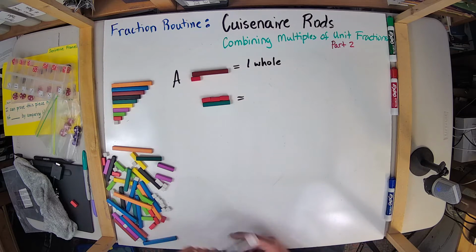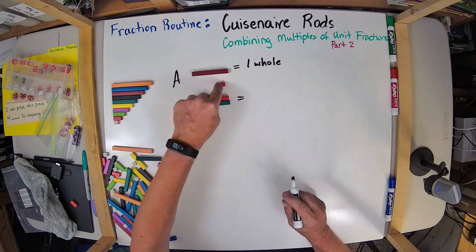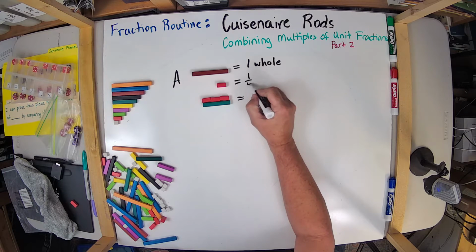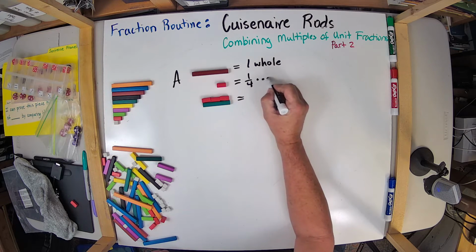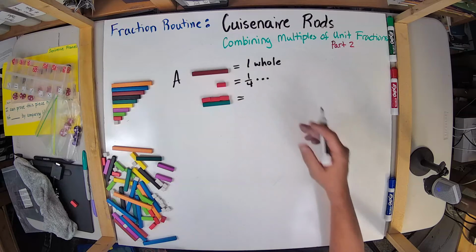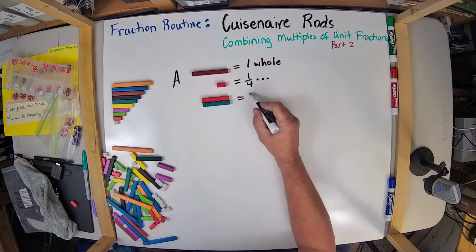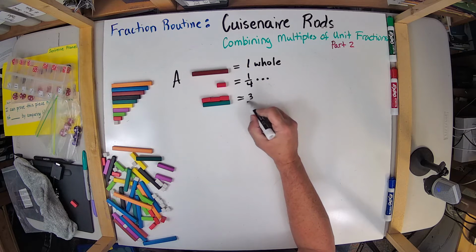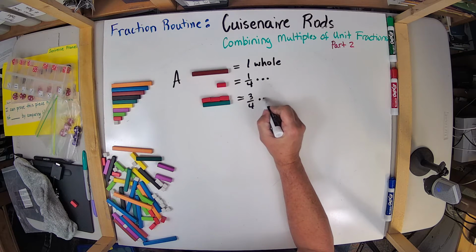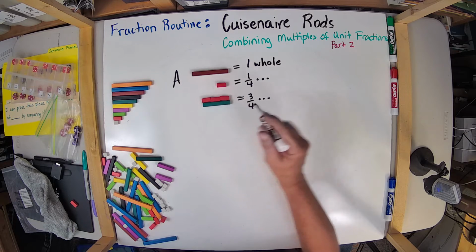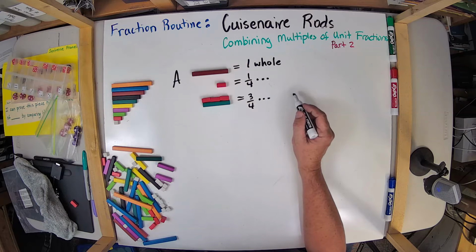And so I would say, okay, then that red one has a value of 1/4, and then give the reasoning, because 4 equal pieces have an equivalent value to 1 whole. And then this one has a value of 3/4, and then give the reasoning, because 3 1/4 pieces make 3/4.